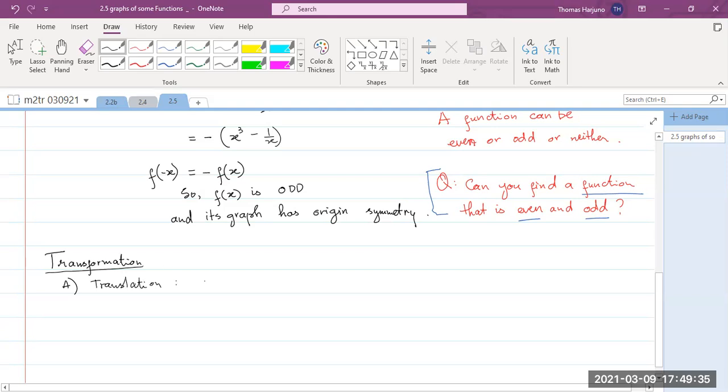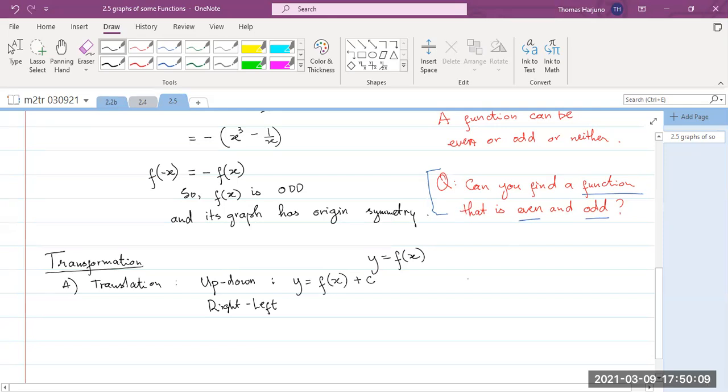You translate, you move it up or down, right or left. Now suppose we have y equals f(x). Then when you try to move it up, down, you have y equals the original function f(x) plus or minus a constant. That's how you move it up or down.